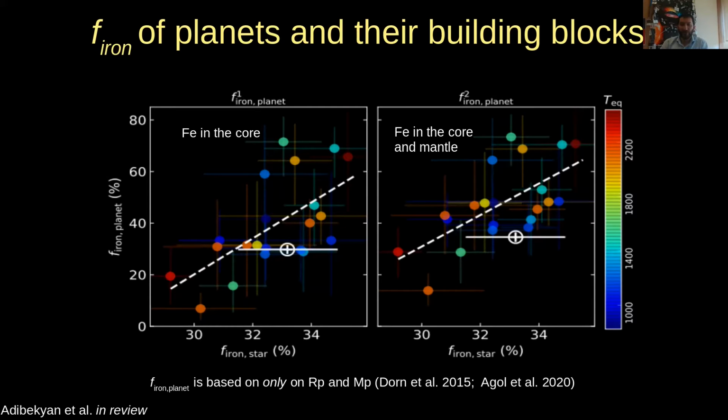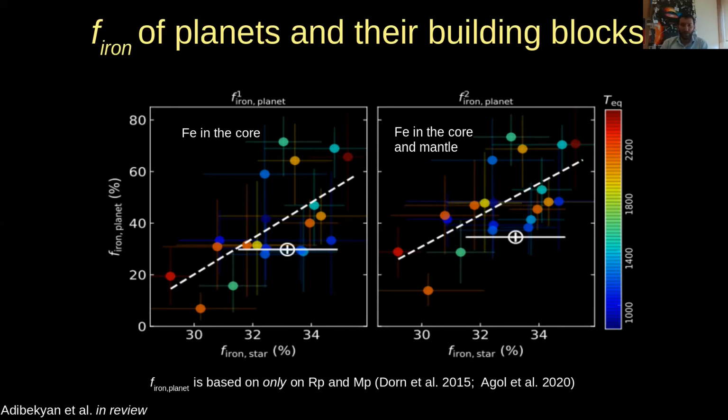On the left figure, we assume that the iron in planets is only in the core, and on the right plot, we assume that the iron can be both in the core and also in the mantle of the planets. So this gives slightly higher iron mass. In the second case, we have a bit more iron mass fraction compared to the first option.